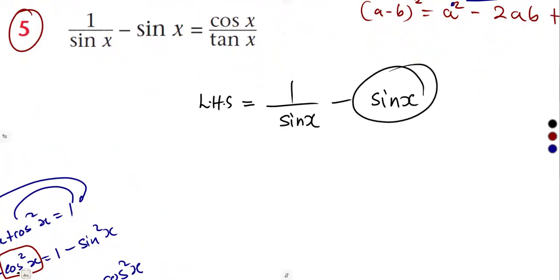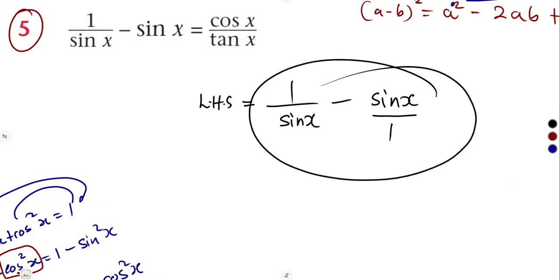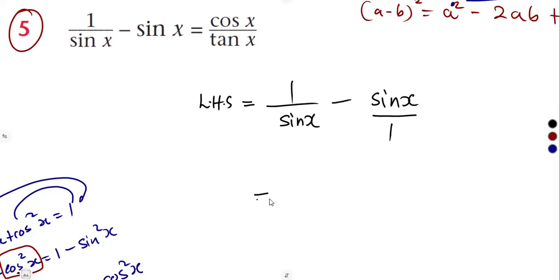Sine of x is just like representing a single term, just like a whole number. So you can write it as sine of x over 1. So guys, let us just combine our fractions. From our fractions, we need the LCD from the given denominators, sine of x and 1. We are going to use the sine of x. So that is the sine of x.